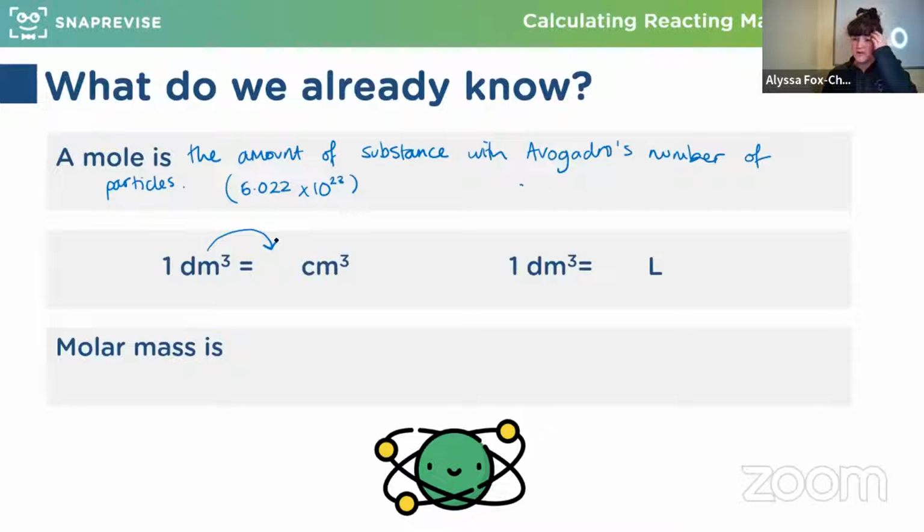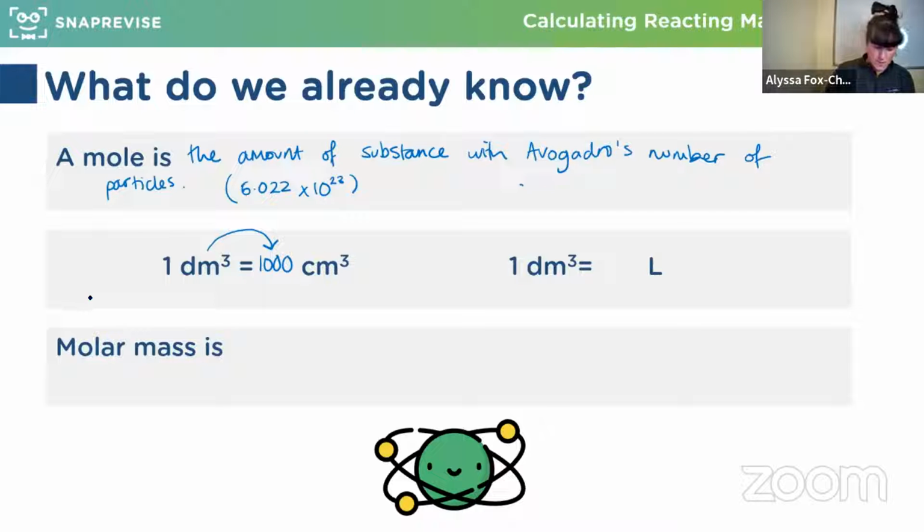Now, I'm the kind of person who doesn't enjoy memorizing lots. Lovely, well done, Anuj, very good. It is 1,000. Well done, Phoebe, as well. Brilliant. If I'm struggling to remember something, I will try and work it out. If I can't work it out, I will go back to basic principles to work it out.